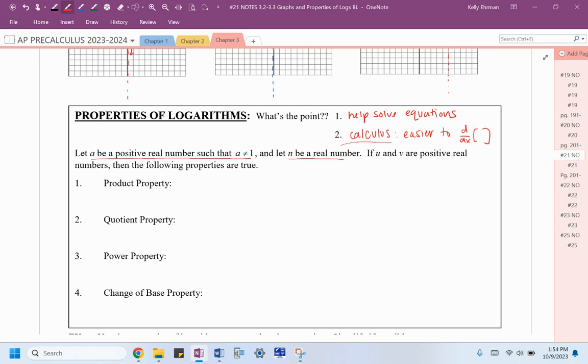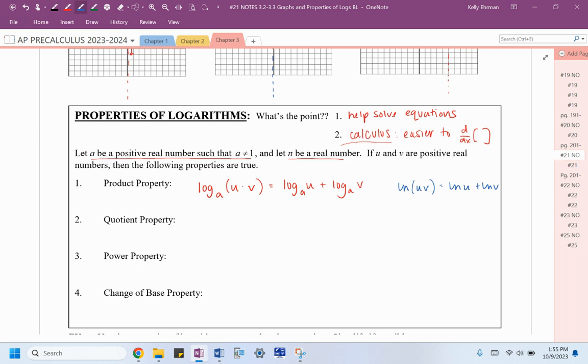If we have the log base A of two things being multiplied together, U times V, then we can expand that into the log base A of U plus the log base A of V. The same property is true for natural logs. Natural log of U times V is equal to natural log of U plus natural log of V. All of these properties are true for natural logs, so I'm not going to write them all out twice, but we just did for the first one.